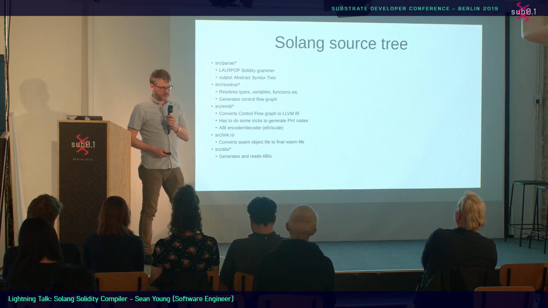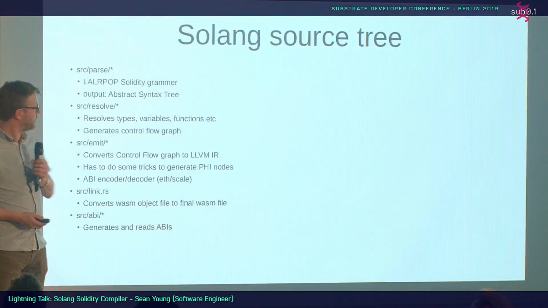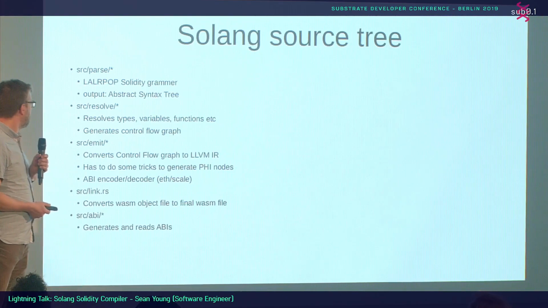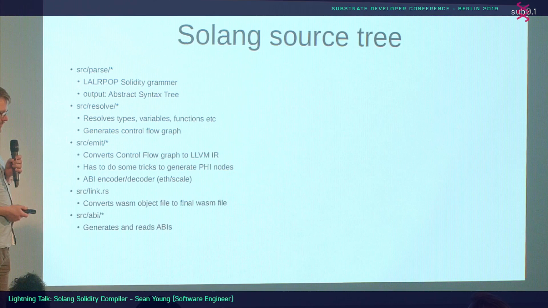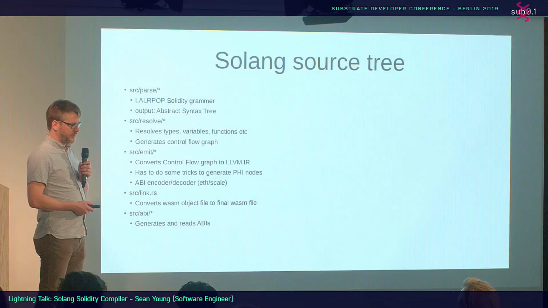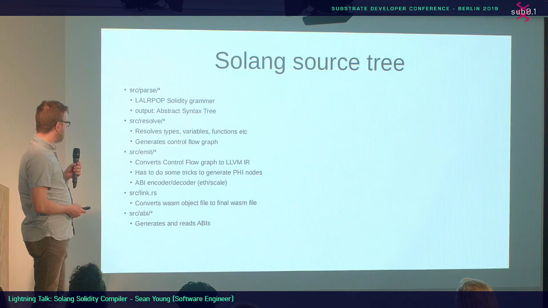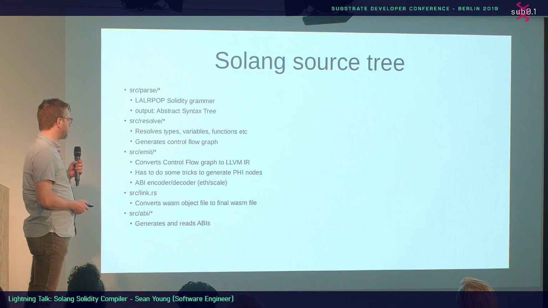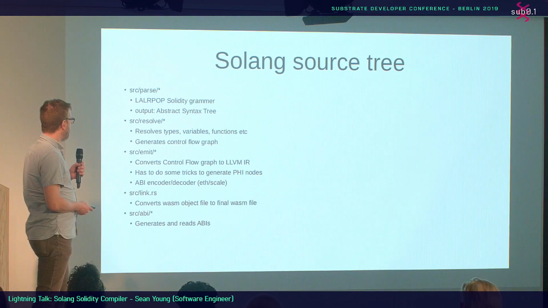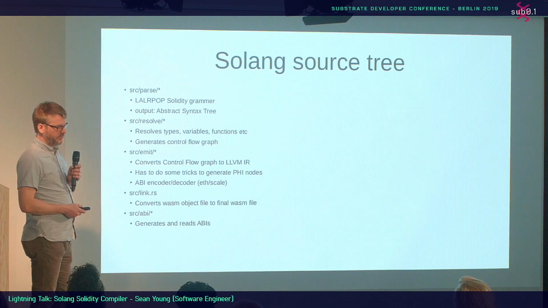Right, so a little bit about the source tree. I've divided it up into a parse directory. The parsing stage is very straightforward. There's a LALRPOP Solidity grammar, and that outputs the abstract syntax tree. There's really just a grammar in there. In source resolve, that's where all the hard work is. I have to resolve all the variables and generate the control flow graph.